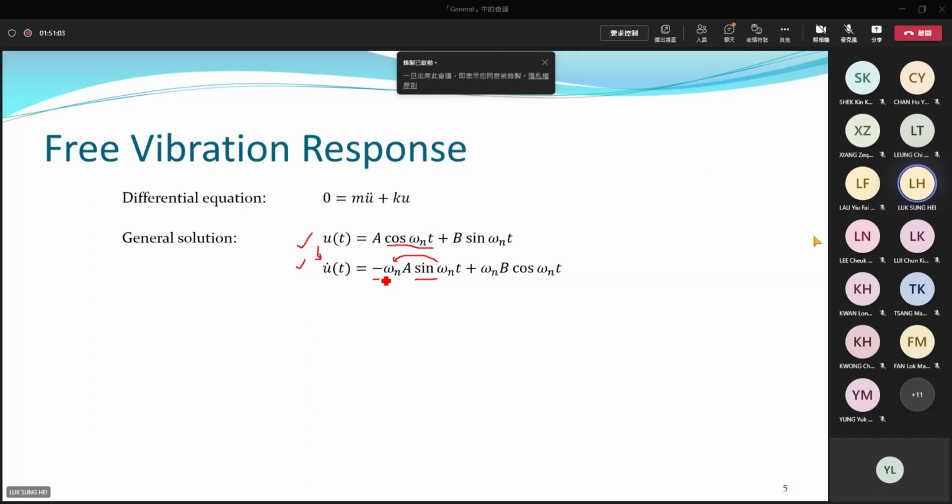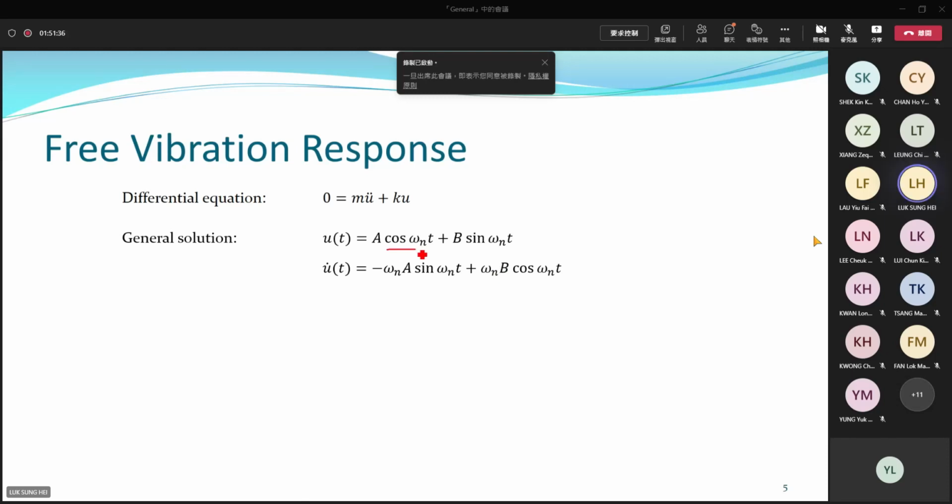So you get minus omega A sine omega t. D sine gives you cosine, positive. Similarly, you have to move the omega outside the cosine function. So D sine gives you omega B cosine omega t. This is testing your knowledge of calculus, how to differentiate this kind of sine and cosine functions.